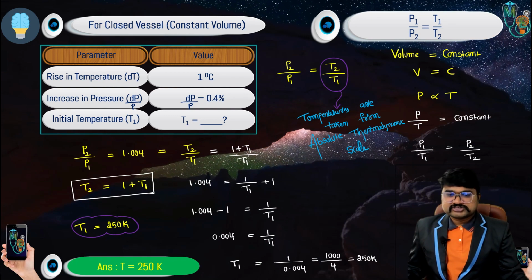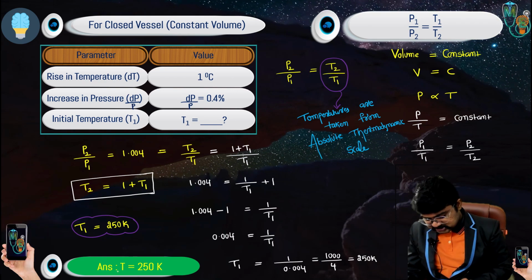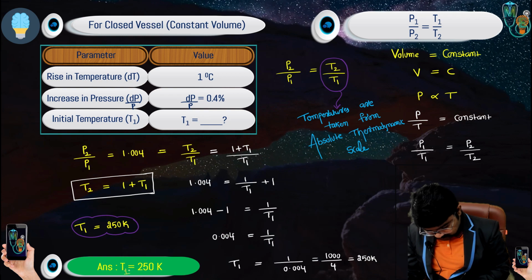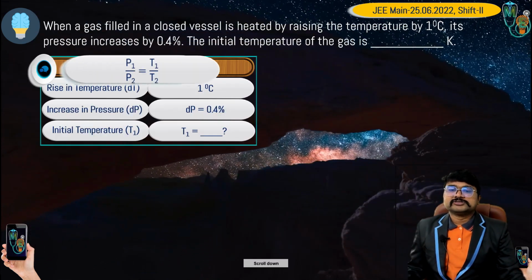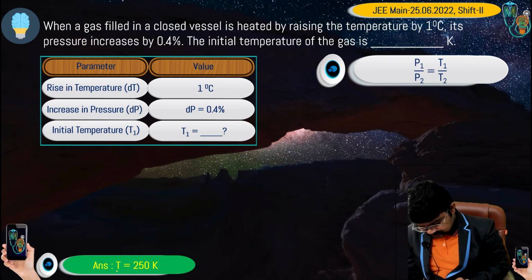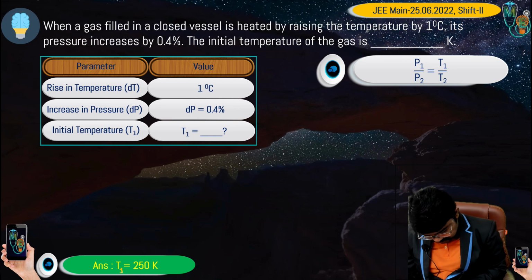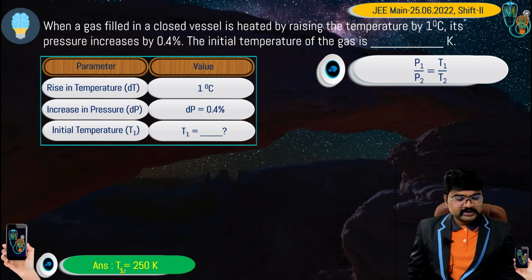What is the answer to this question? T1 equals initial temperature, T1 equals 250 Kelvin. So the final answer to this question is T1 equals this.